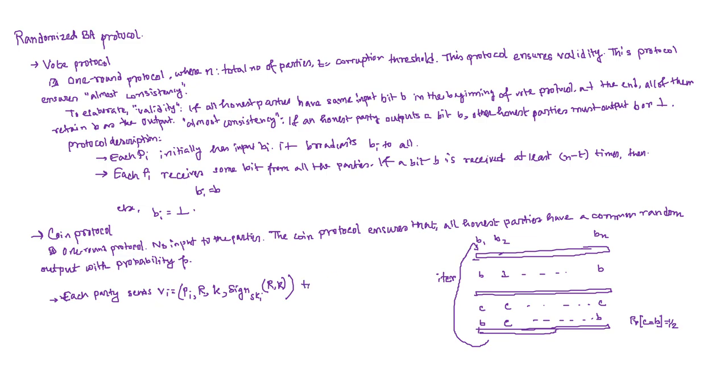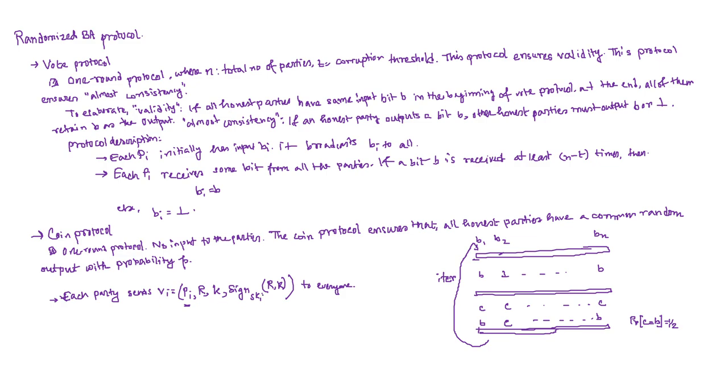Okay. This is sent to everyone. Now since pi is a publicly known value of the sender, each party when it receives some value vi from a party pi, it checks whether the first entry is indeed pi, the second entry is indeed the publicly known string r, and k is indeed the correct iteration round. All these can be publicly verified.